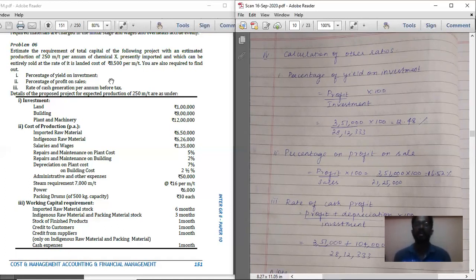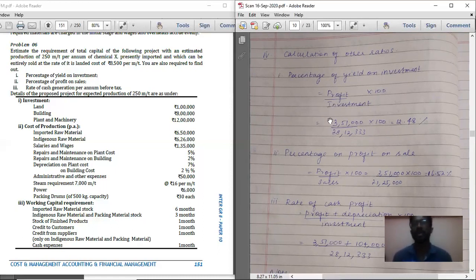Yield on investment is nothing but the return on investment. So yield is profit divided by investment into 100. Write the formula: profit divided by investment into 100.